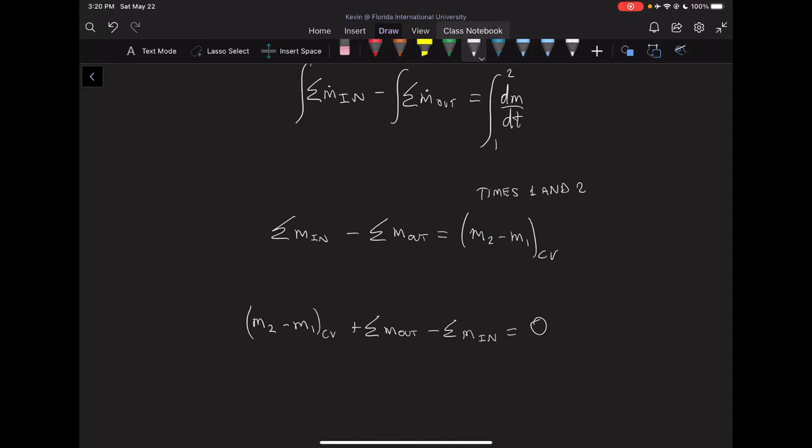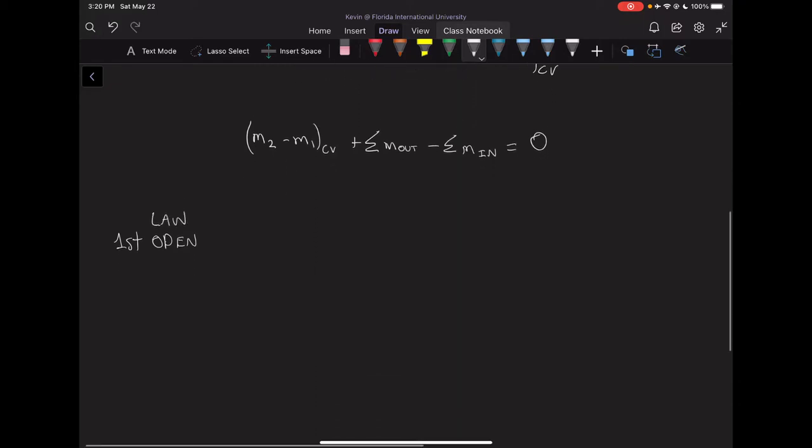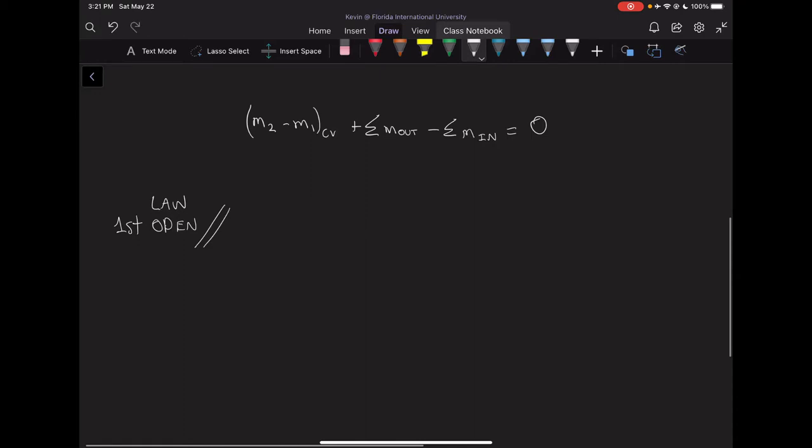Now, if we look at the first law for open systems and go back to our general definition, we had written that Q dot in minus W dot out is equal to the change in energy within the control volume over time, dE/dt. Now we don't have a steady flow, but a transient flow, so we need to keep this term.